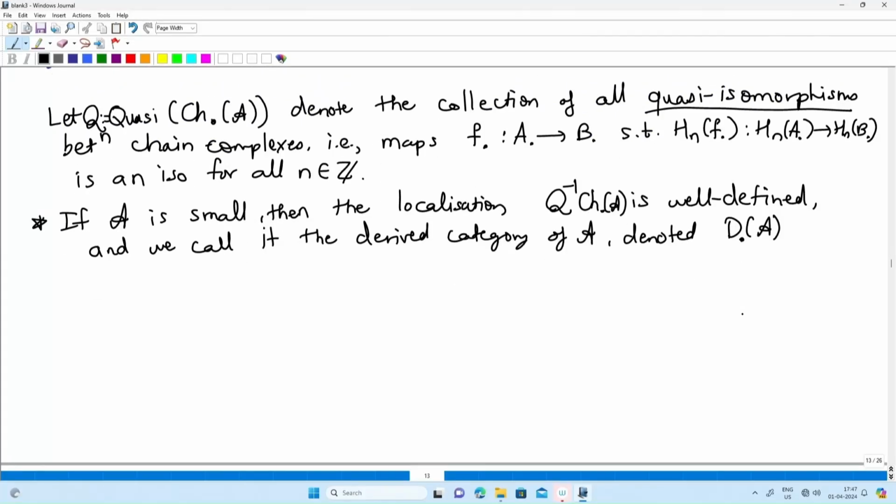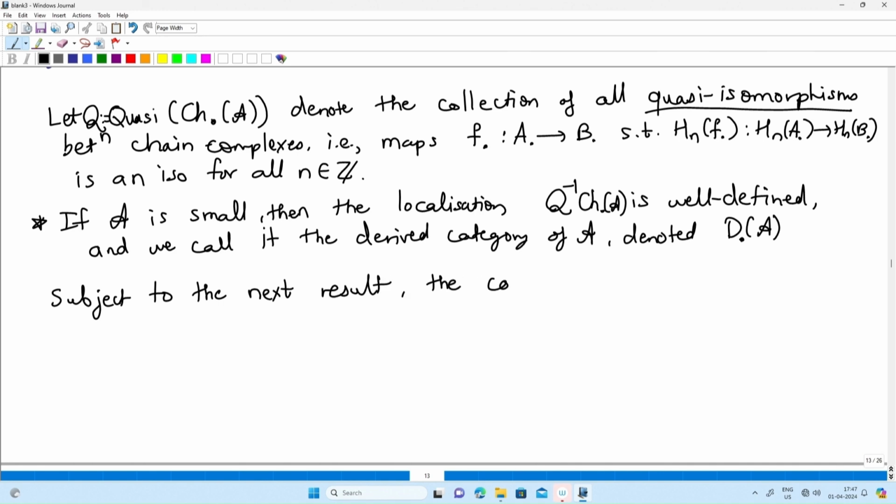Okay, so if A is not small, if A is large, then this Q inverse CH dot A will not be a locally small category. It will go beyond our control. So therefore, the correct definition is this, subject to the next result, which I haven't stated yet.